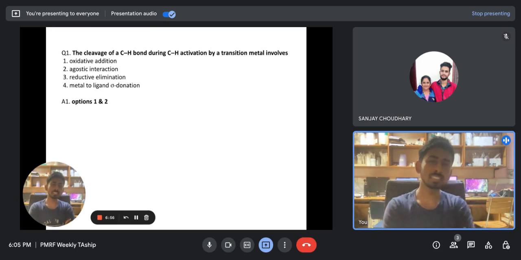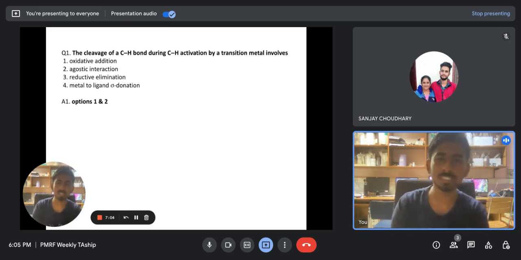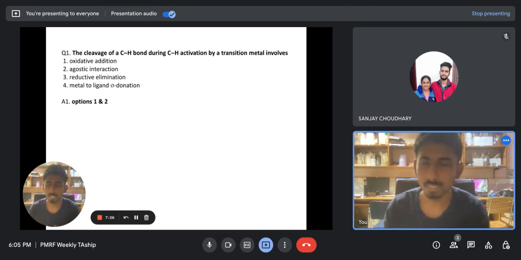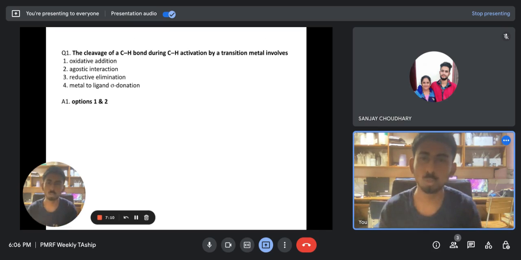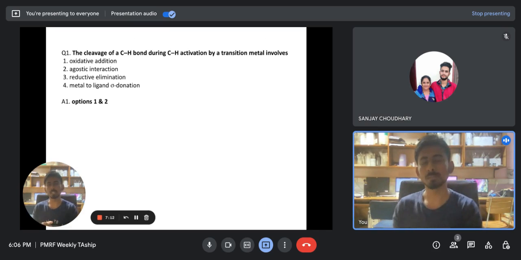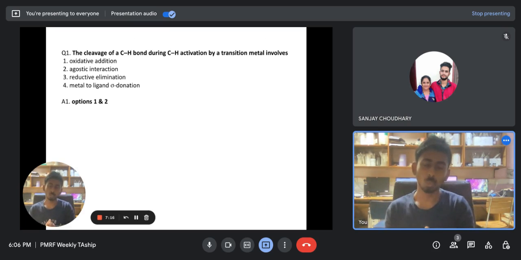The agostic interaction is somewhat different. An agostic interaction may lead to oxidative addition of the C-H bond. When such a C-H bond is present in the ligand framework, it is very proximal or close to the transition metal. Then the transition metal has an interaction with the hydrogen, and the bonded carbon atom will also have some interaction with the transition metal.